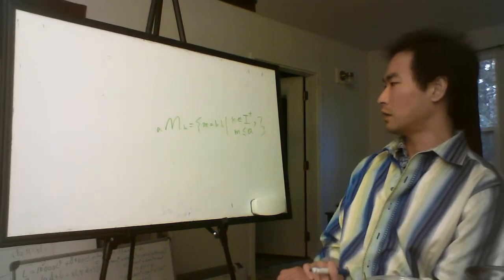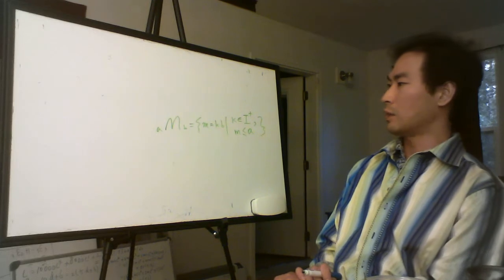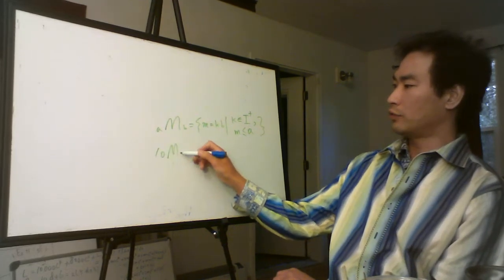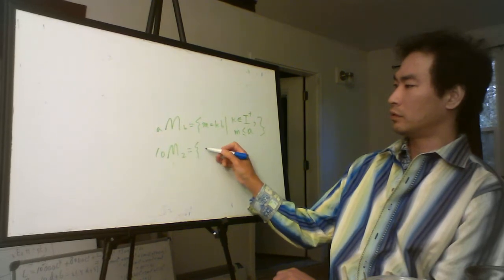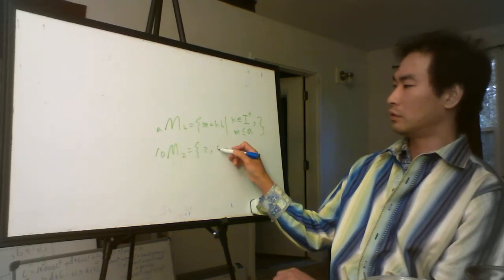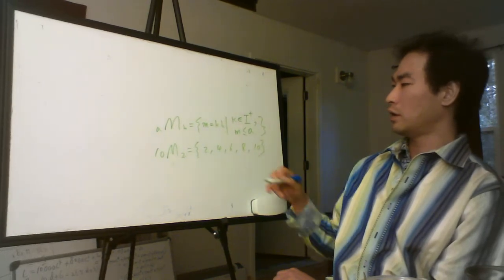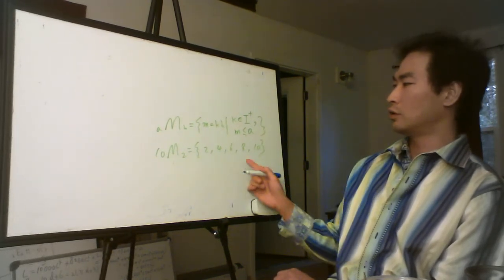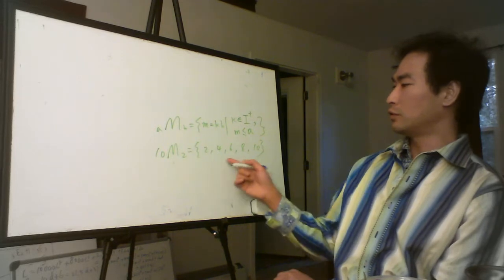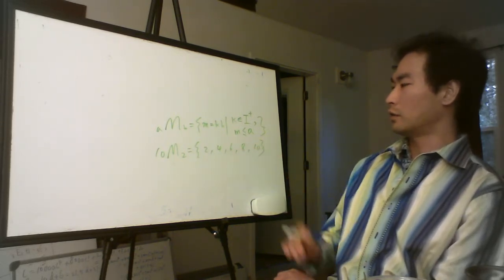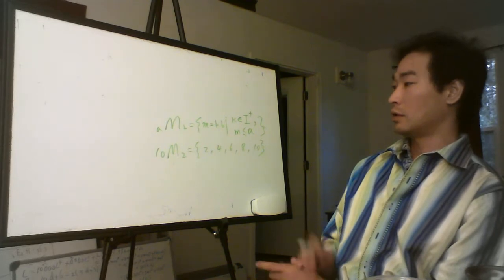That's that. For example, multiples of 2 that are 10 or less. Okay, so that's it.